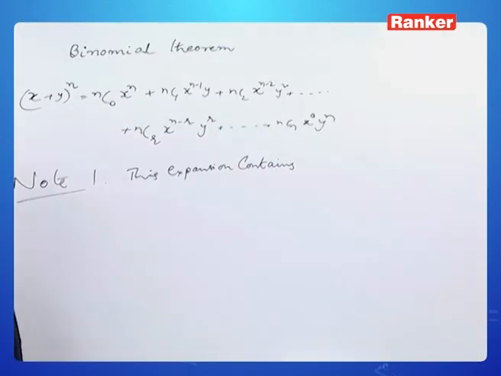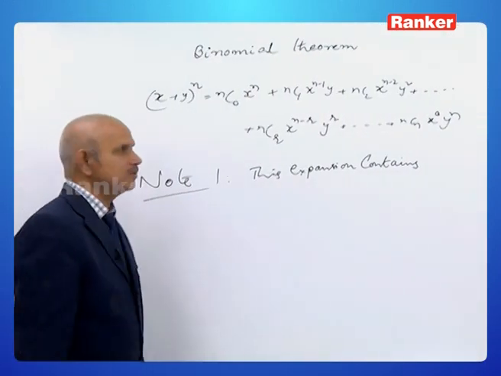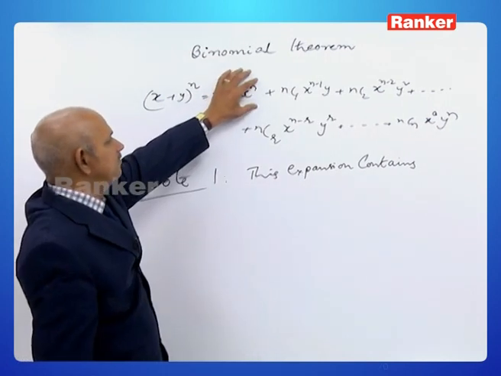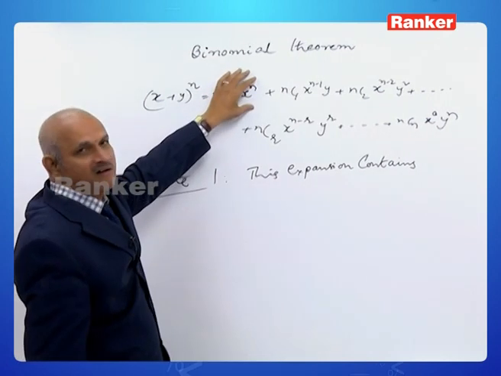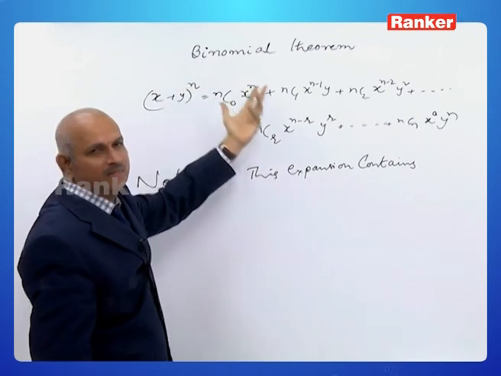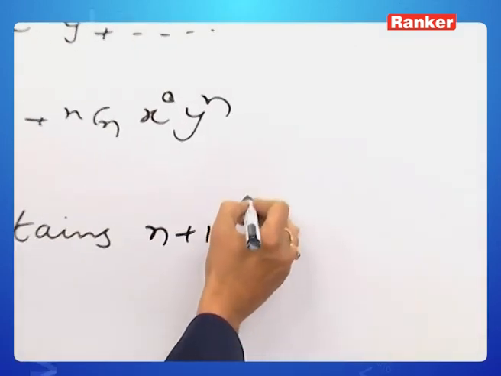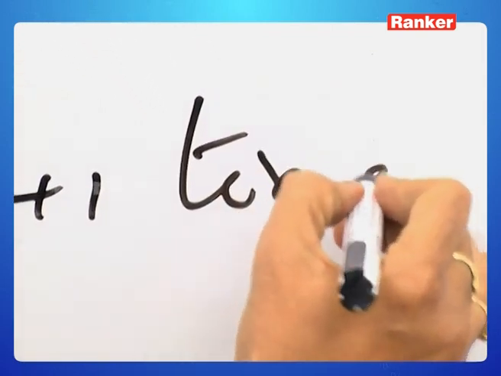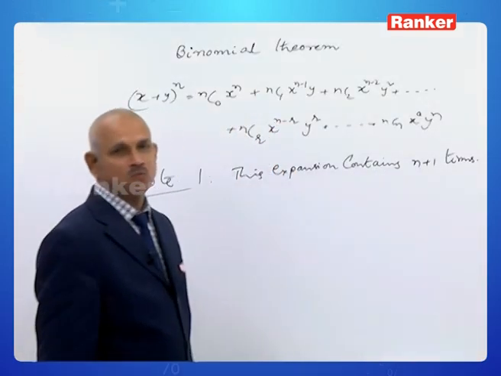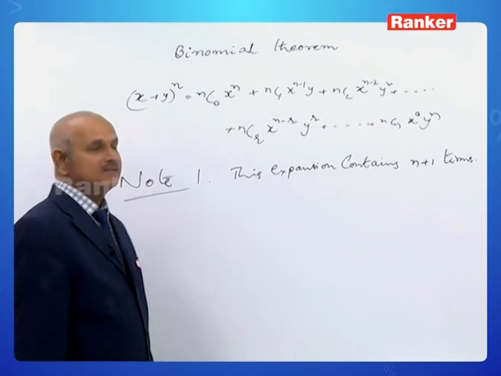How many terms does this expansion contain? It's very easy to count. If you leave out nC0, then nC1, nC2, nC3 and so on up to nCn, there are n terms. If you add nC0, n plus 1 terms. It contains n plus 1 terms.